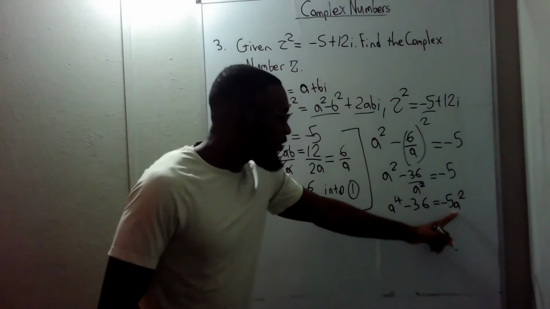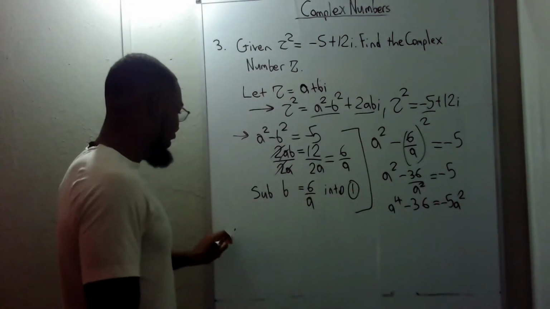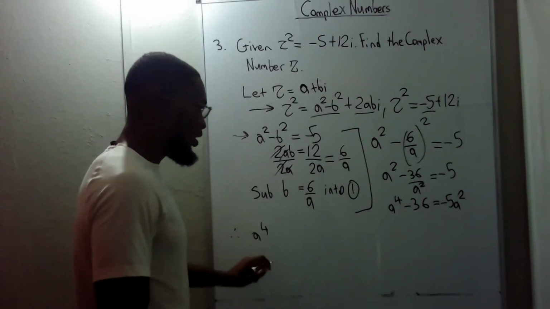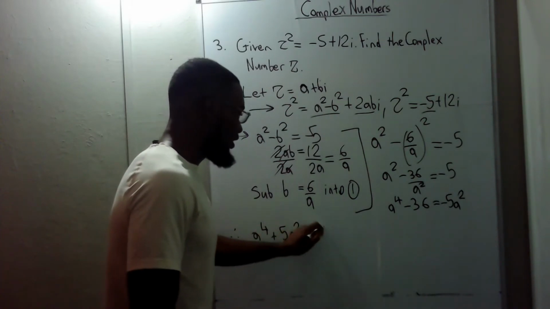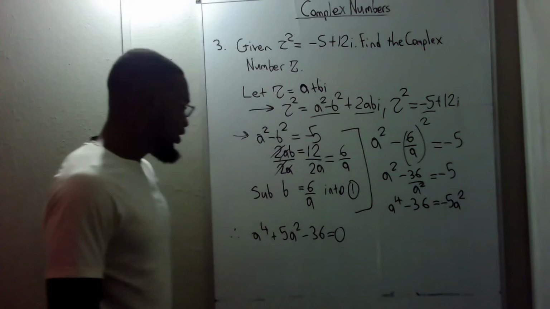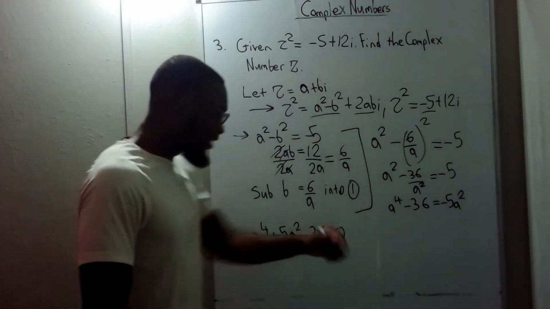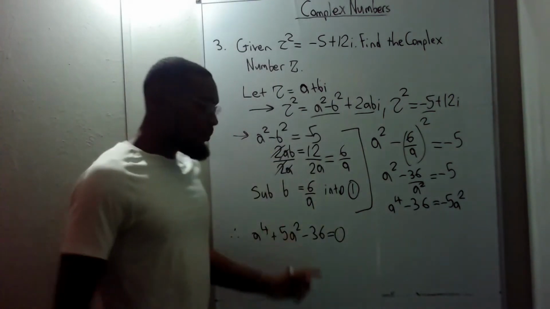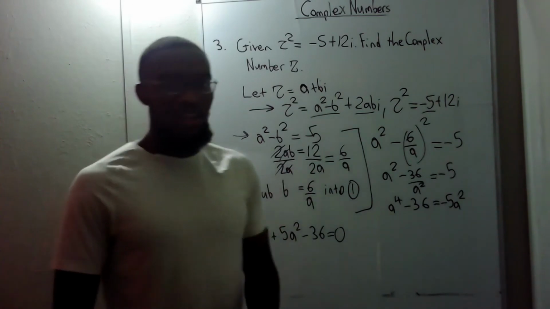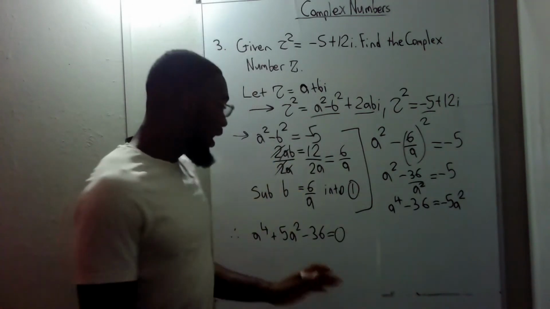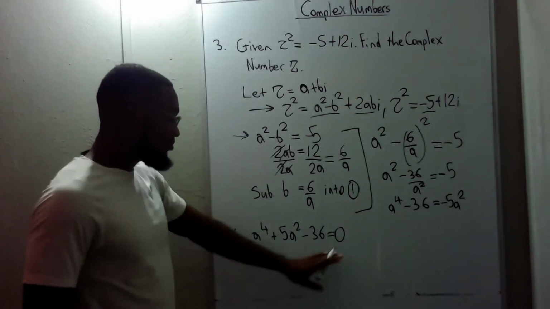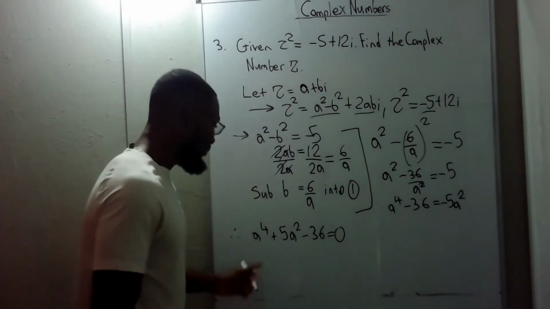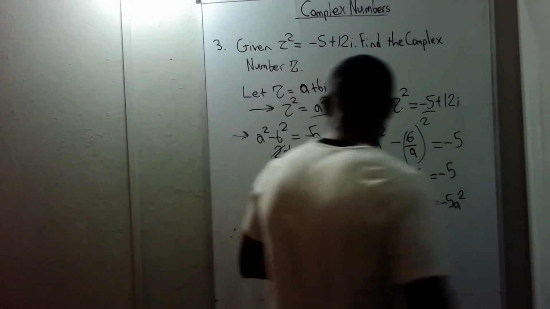Now we can bring over the 5a squared to get a to the 4 plus 5a squared minus 36 equals 0. Beautiful, that is what we have. Once we get to this stage, we can realize this is a hidden quadratic.